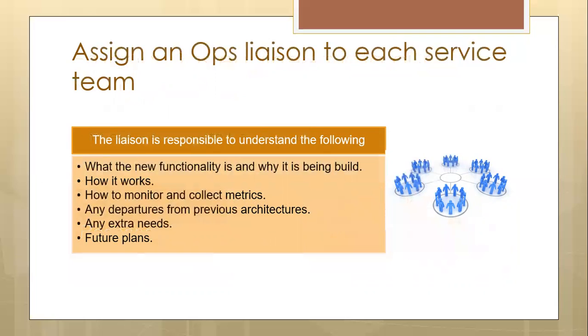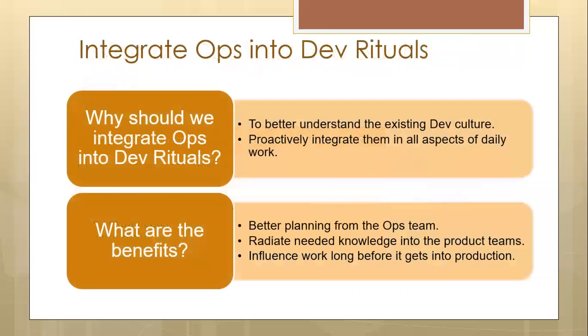This liaison is responsible to understand the following things: what the new functionality is and why it is being built, how it works, how to monitor and collect metrics, any departures from previous architectures, any extra needs, future plans. The difference between assigning a liaison and an embedded ops team is basically that the liaison will be just a link between the centralized ops team with the development teams and with other stakeholders.